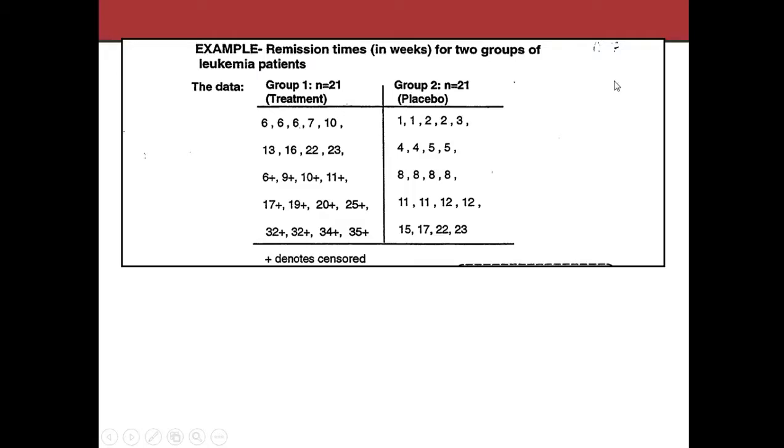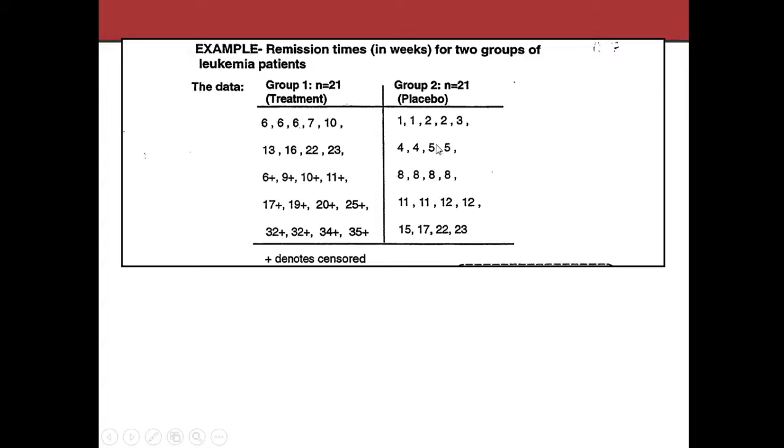Here were the two groups, 21 in each group. Notice the placebo folks are not doing too well here. The plus sign meant censored, and when there's no plus sign, that means they fell out of remission, not dead, sorry. They're in cancer mode again.